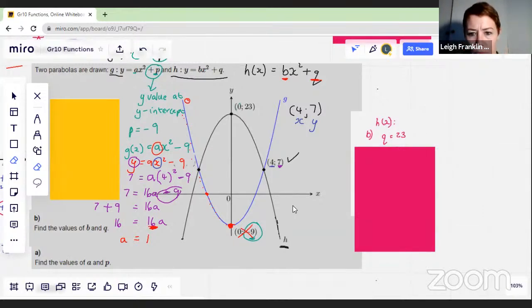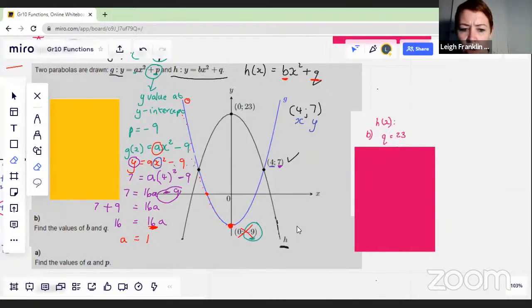Ma'am, I substituted the value of Q as 23. And then I also substituted. Good. Keep going, Zanele, you're perfect. Did we lose you, Zanele?